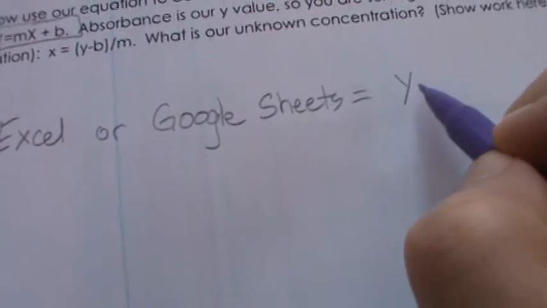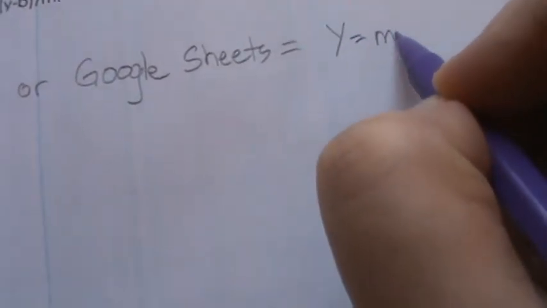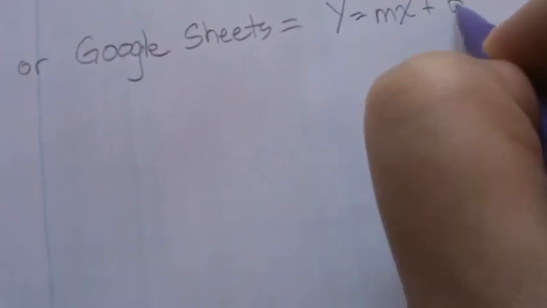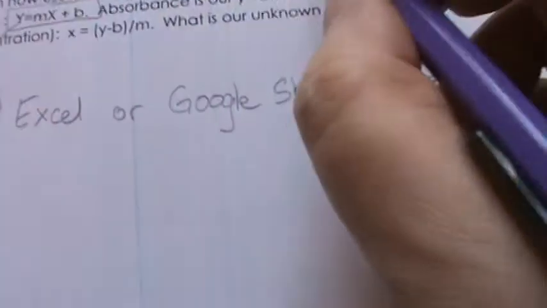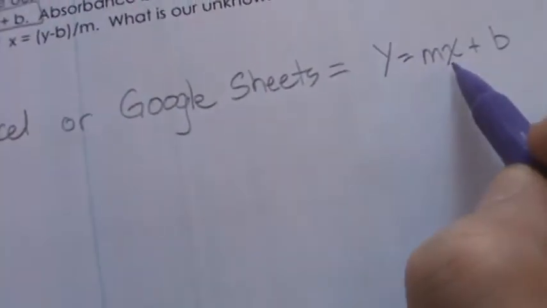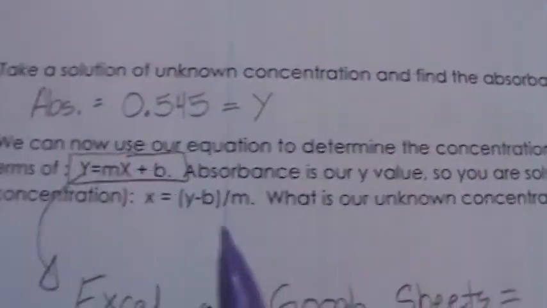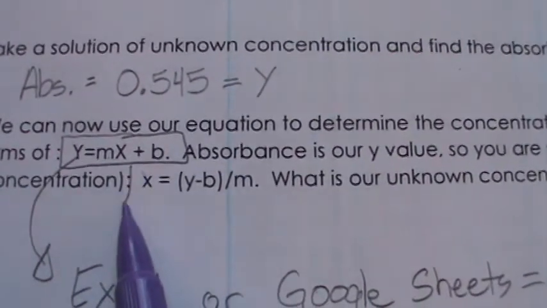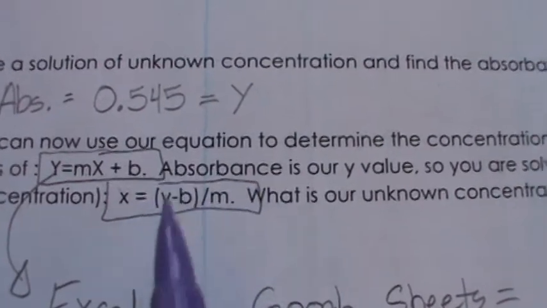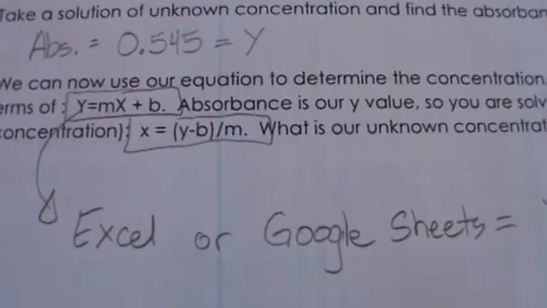Okay, and you're going to write that y equal to mx plus b. Okay? But in order to determine the concentration, you're solving for x in here, which here is the formula that you will use to solve for concentration. Let me know if you have any questions.